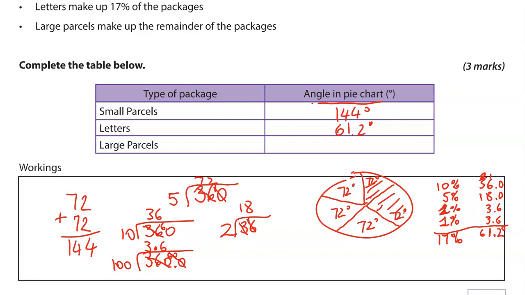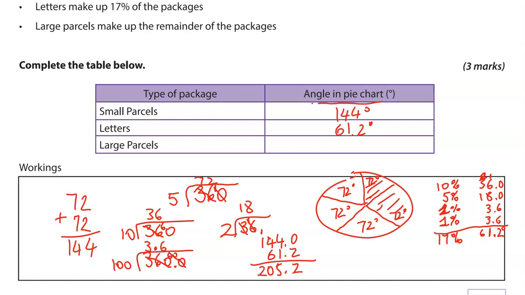Whatever is left will represent large parcels. So we've got 144 degrees and 61.2. So that is 2, 5, 10, so 0 down, 1 carried over, 1 and 1 is 2.